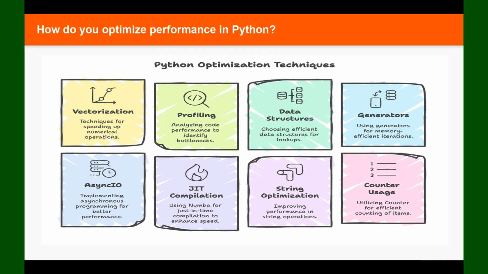Next question. How do we optimize performance in Python? Optimizing performance of Python involves a combination of code level improvements, effective data structures, and system level strategies. At the code level, we use built-in functions and libraries.